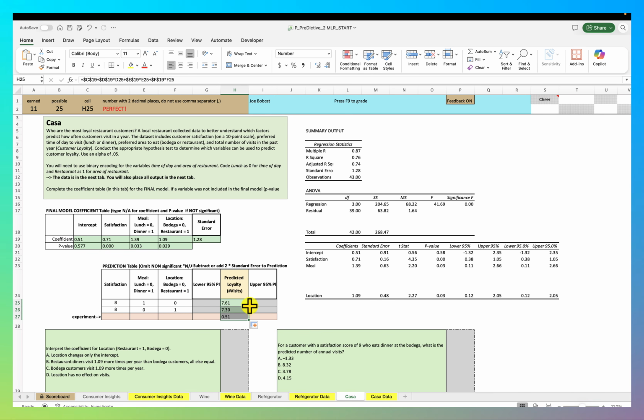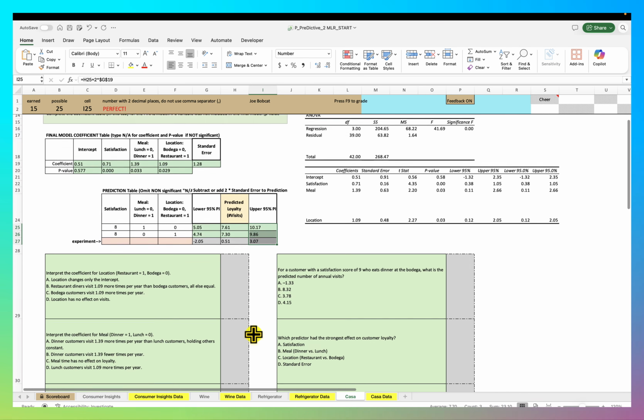Copy that down. Remember, this row will show the intercept value because all these are zeros, so nothing's filled out. Then equals this minus 2 times standard error, which is locked. Copy that down. And then the prediction plus 2 times standard error, which is locked. Copy that down. And let's answer the questions.